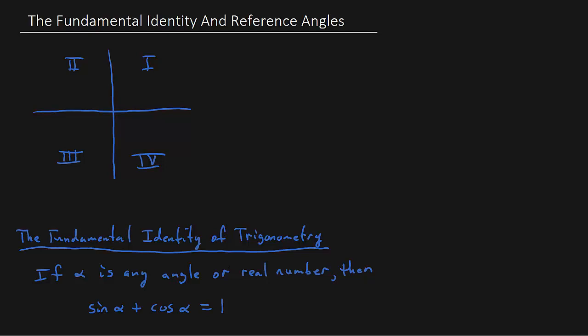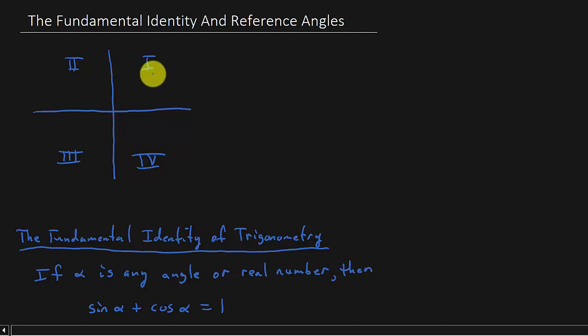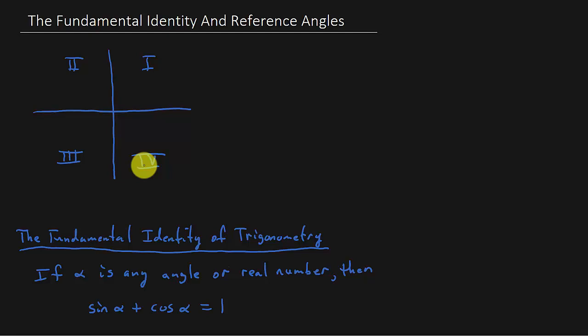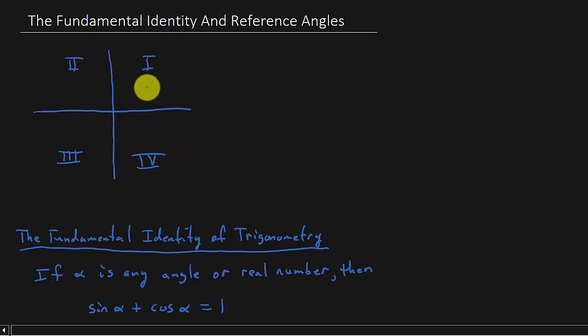So first, let's look at the quadrants here. We got the first, second, third, and fourth quadrant. Now, what this does is this tells us what trig functions are positive in which quadrants. So I'm sure all of you have heard this before.